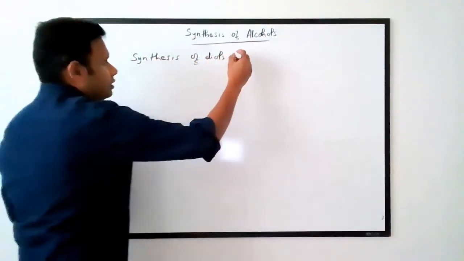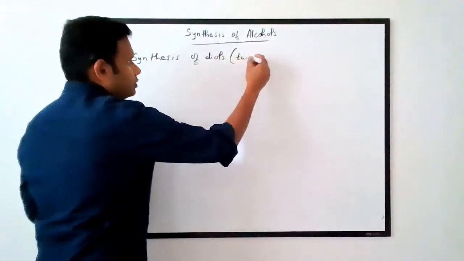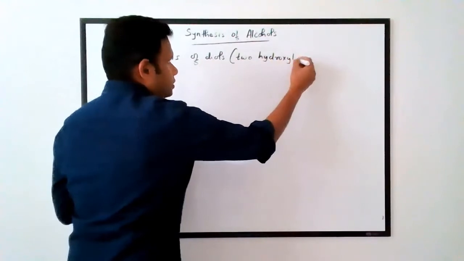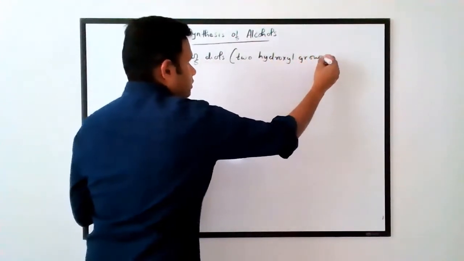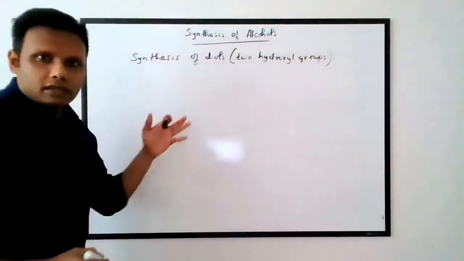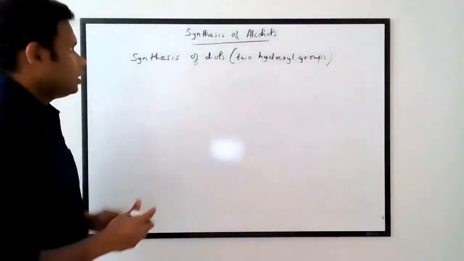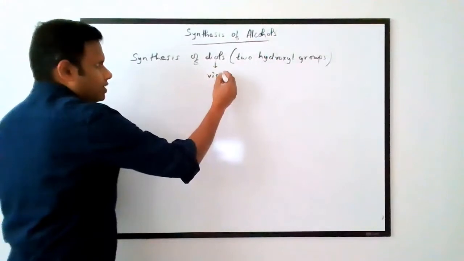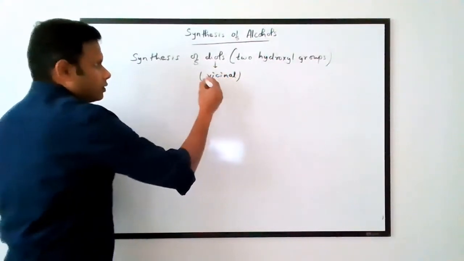are basically compounds with two hydroxyl groups. And in this particular case, we're going to be talking about vicinal diols.